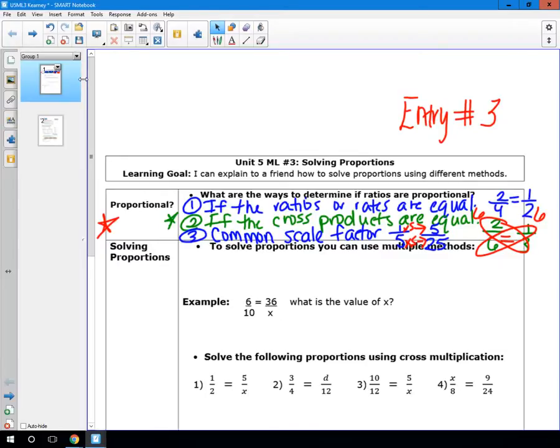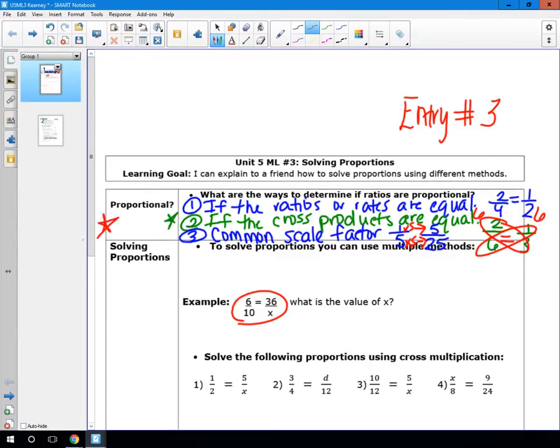Well, if you already know that 2 things are proportional, that means you can use one of these methods that we just talked about in order to solve for a missing part of the proportion. So, for example, right here we have a problem. We have 6 over 10 equals 36 over x.